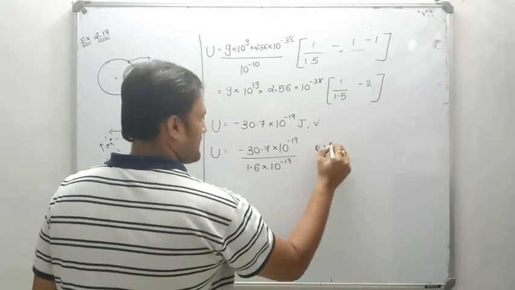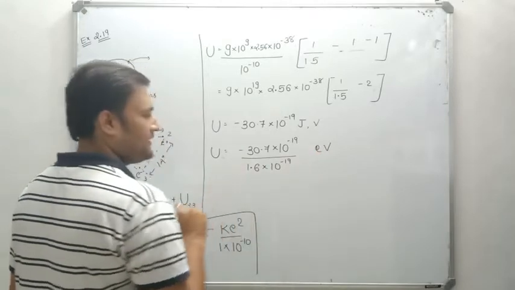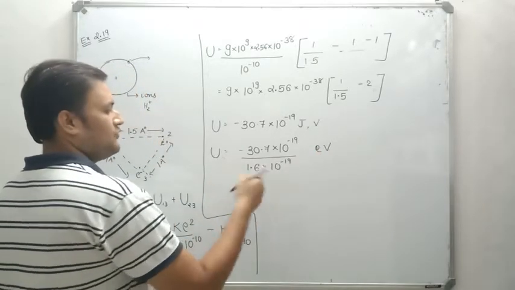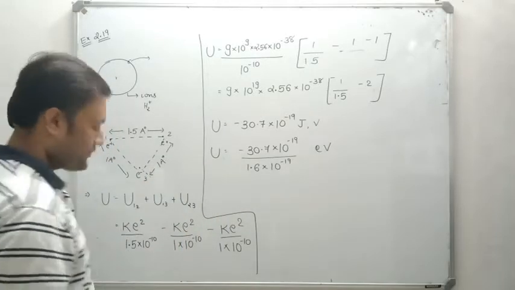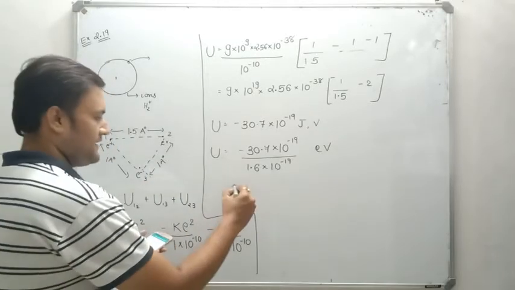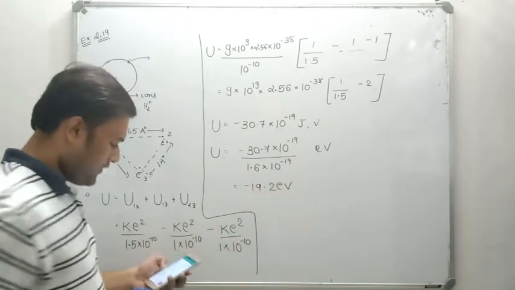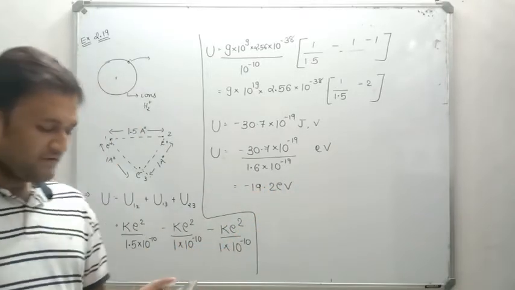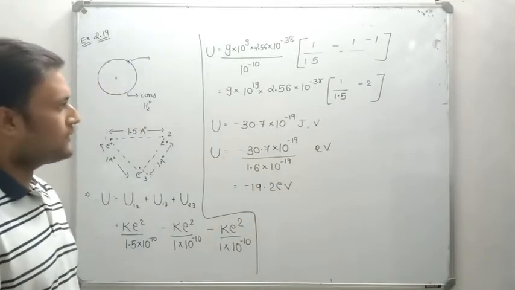This is converted into electron volts. Substituting the values in this equation, the answer is minus 19.2 electron volts. Therefore, the potential energy of this system is minus 19.2 electron volts.